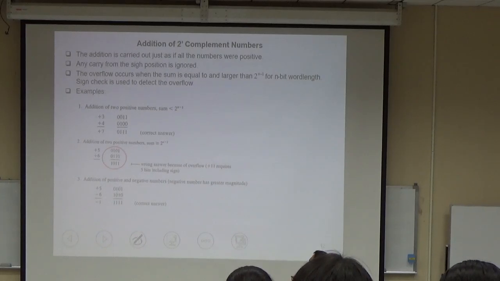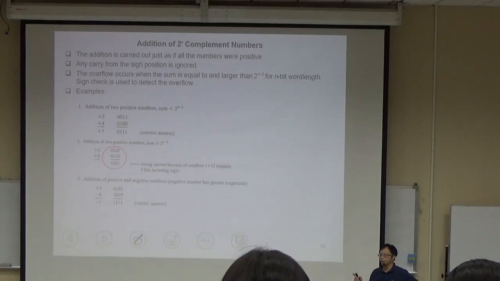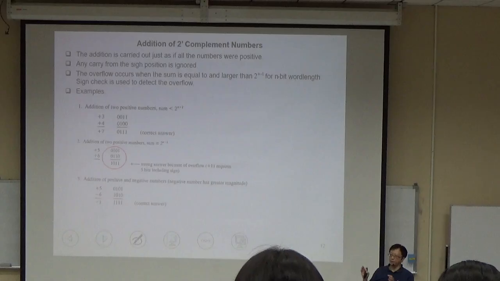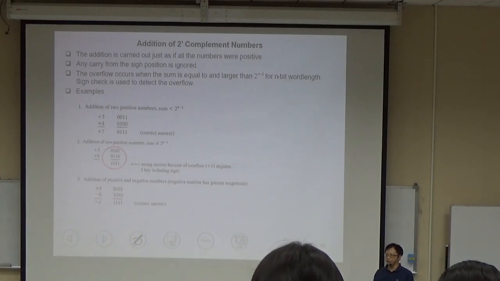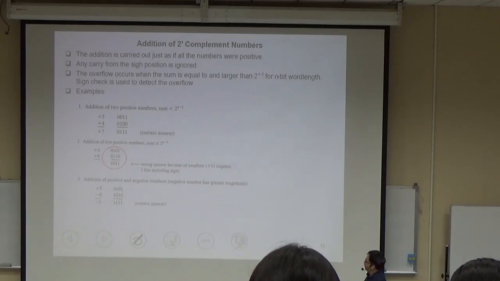So there is overflow, because 11 requires 5 bits, and in a real system we only have 4 bits. So there's overflow in this case.